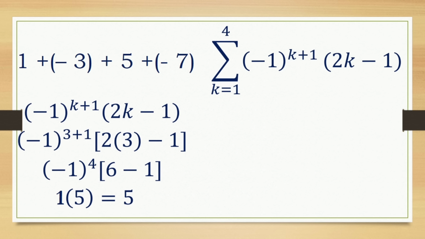So, 4 plus 1, that will become 5. And then, 2 times 4, that is 8. So, minus 1. Therefore, we will have negative 1 raised to 5. That is still negative 1. And then, 8 minus 1, that is 7. So, that is equal to negative 1 times 7. That is negative 7. And that is the fourth term.